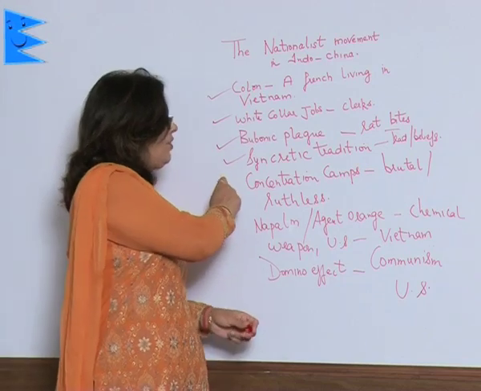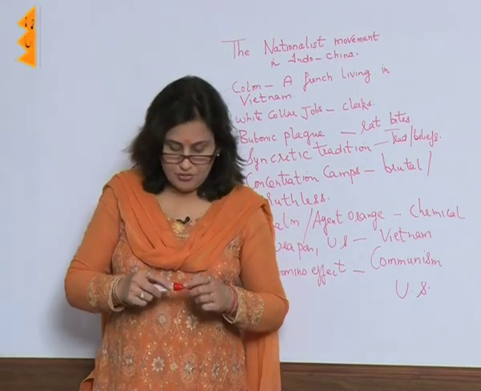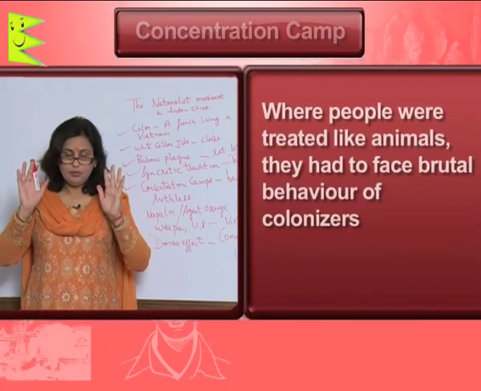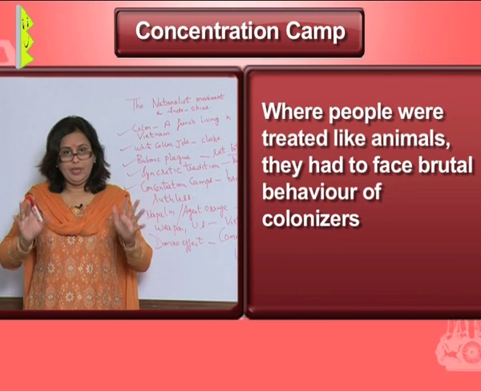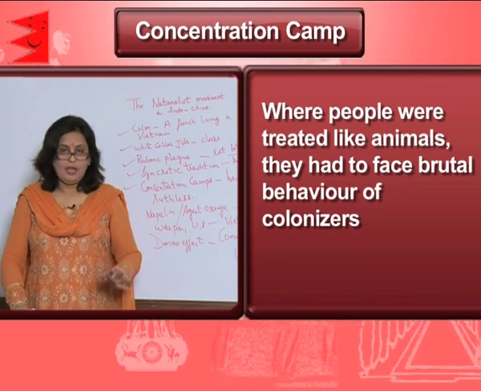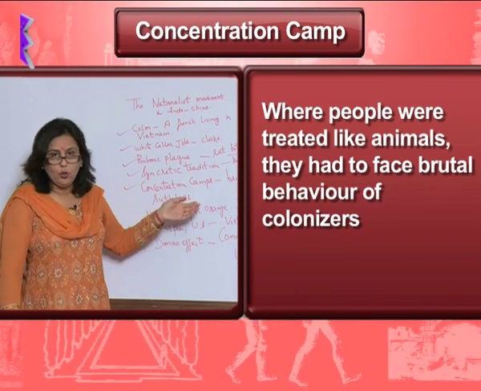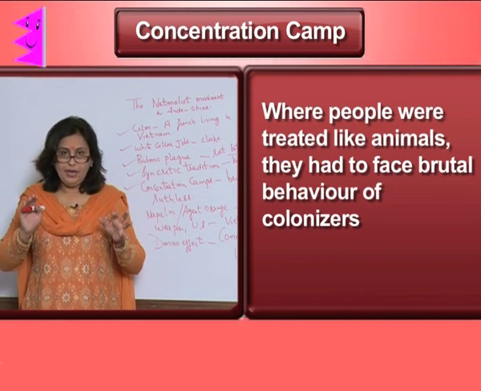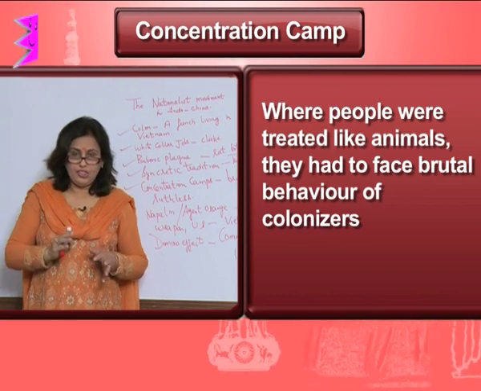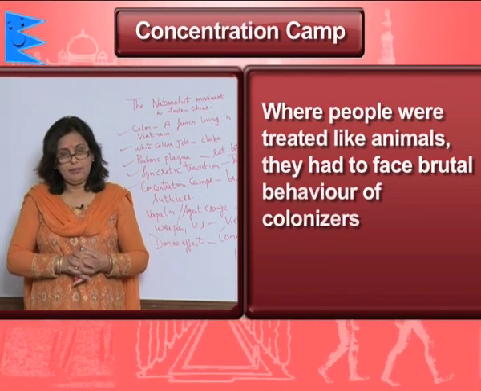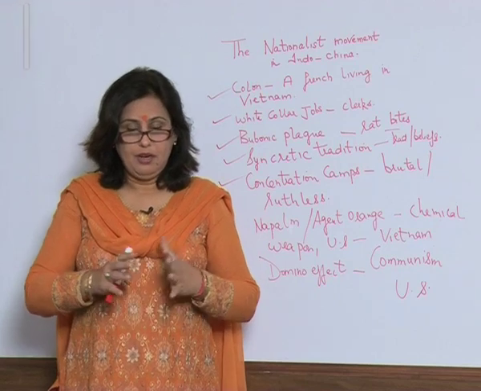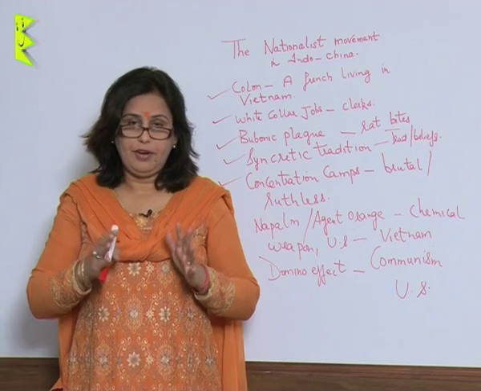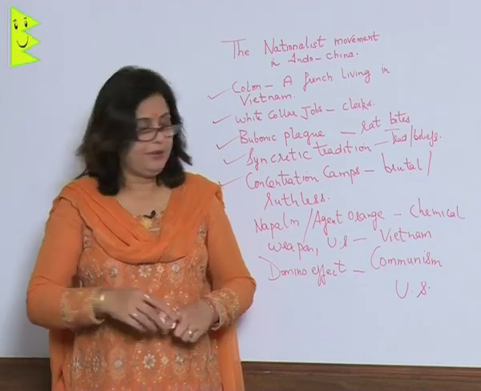Next is concentration camps. Concentration camps were those camps wherein the people were actually kept like animals. A very brutal and ruthless treatment was given to them, and they were made to live in the concentration camp as animals, a concept which grew out of the colonization which had spread.